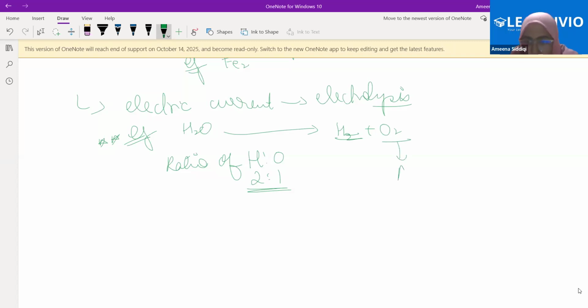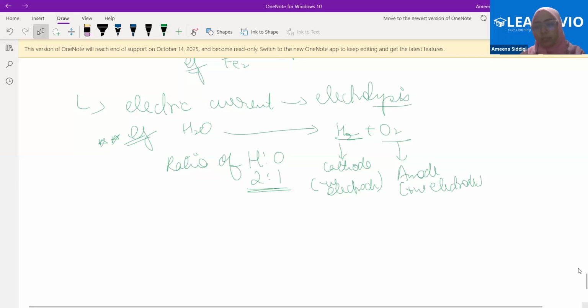Oxygen is formed on the anode, which is the positive electrode, and hydrogen is formed on the cathode, which is the negative electrode. These two questions are important from the electrolysis of water.